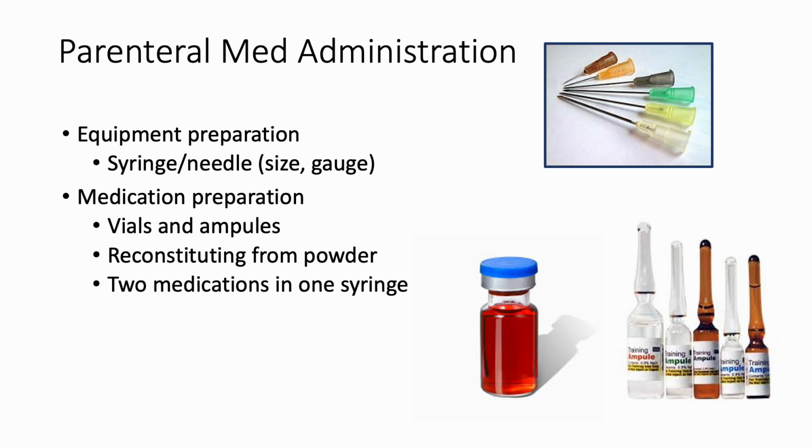And then another thing you may see, and that we will practice in lab as well, is mixing two medications into one syringe. So you can mix two medications in the same syringe if, one, they're compatible, two, the total dose is within accepted limits, and obviously number three, if they are both to be given by the same route. A perk of this is that this technique allows for efficient use of supplies and also allows the patient to get fewer injections, which they appreciate.